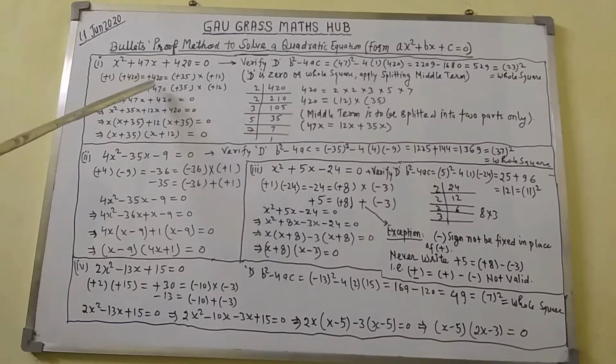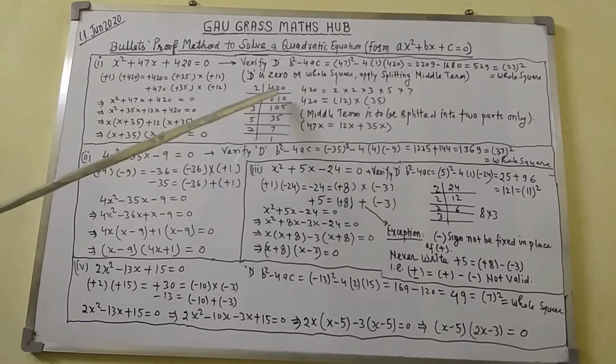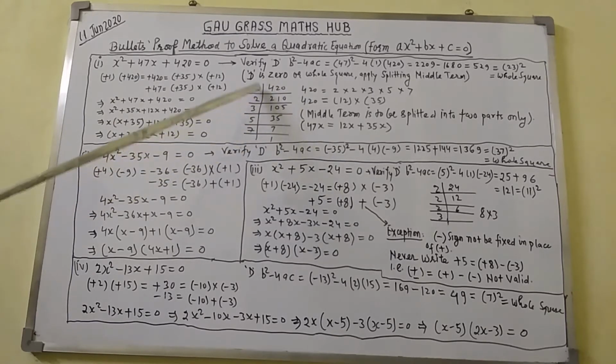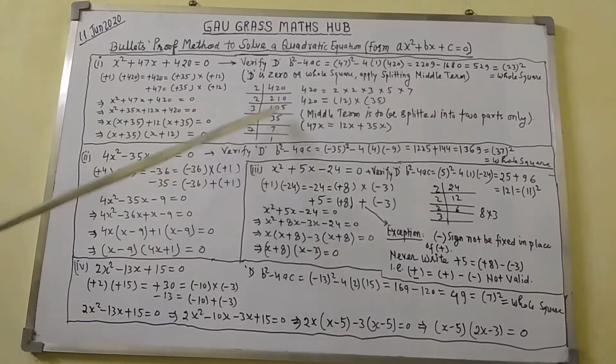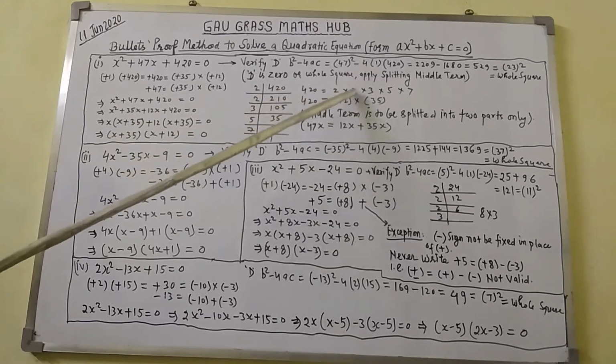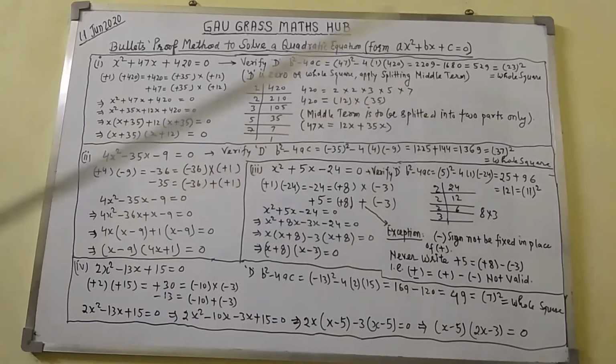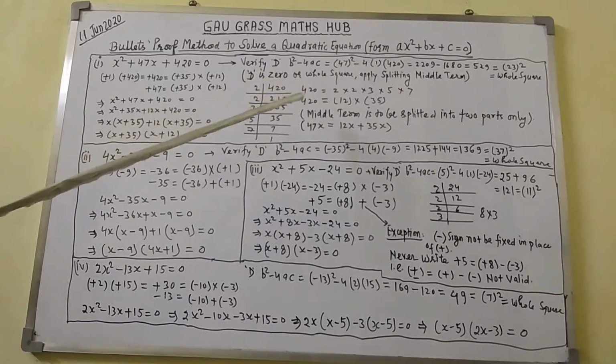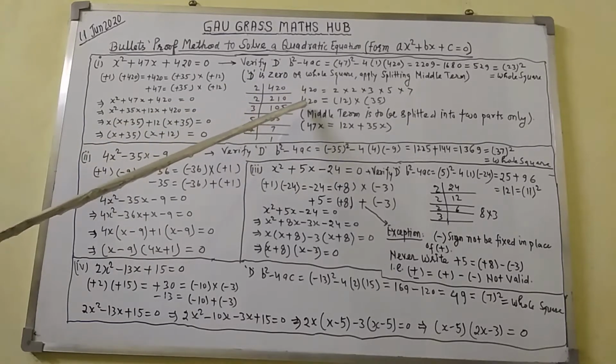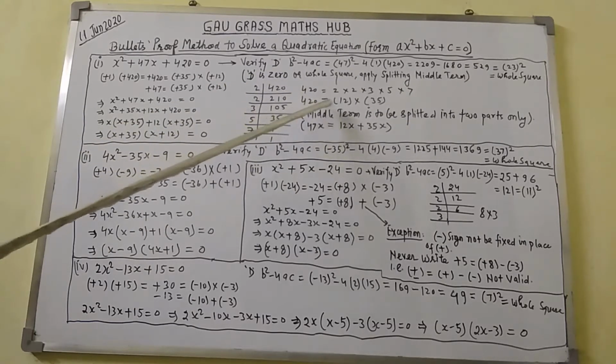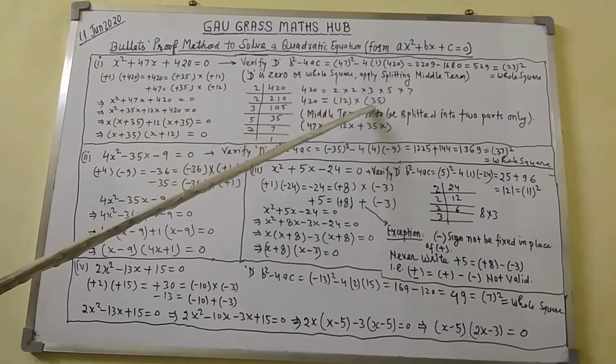Now get the prime factorization of 420 like this, I have shown here. 420 equal to 2 into 2 into 3 into 5 into 7. Now 420 will be split into two parts.